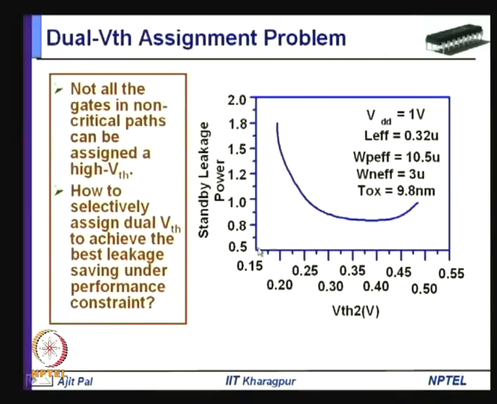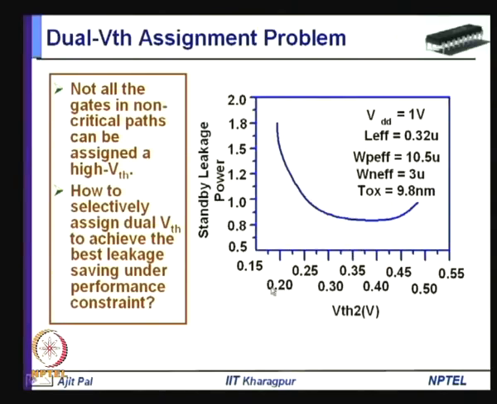So, you can have a plot like this, where the low threshold voltage is 0.2 volt, the supply voltage is 1 volt, and these are the various dimensions used for the purpose of simulation.